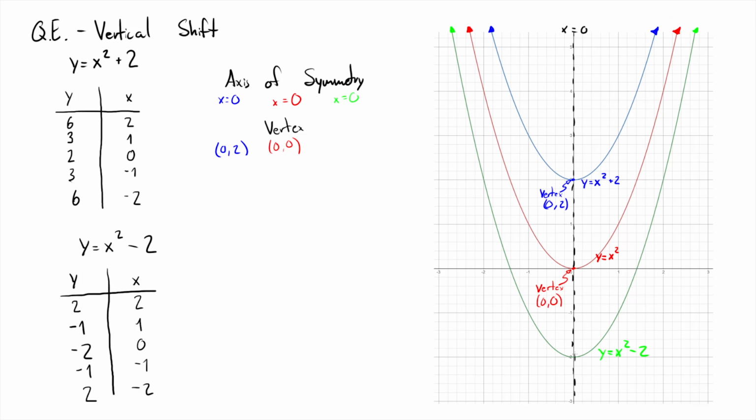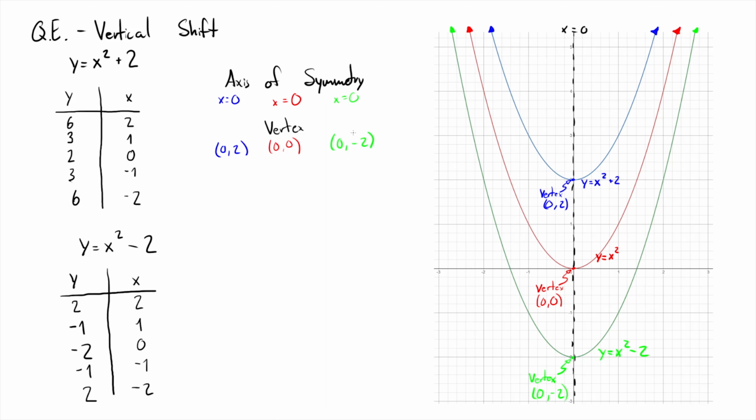And finally, for our last one here, the vertex is going to be down here all the way at the bottom. Okay, and we can label that as the vertex as well. And again, the x-coordinate is the same, it's 0, but the y-coordinate is negative 2. Okay, so 0, comma, negative 2.